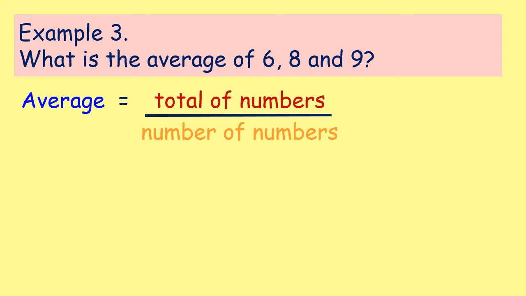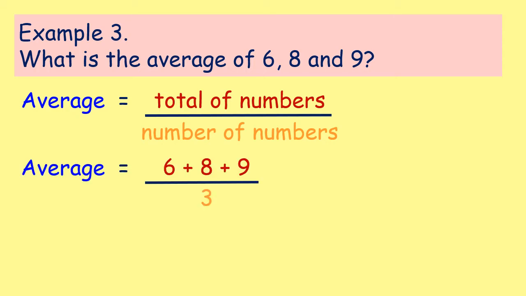Our average again is the total of our numbers divided by the number of numbers. So in this case, our total is going to be 6 plus 8 plus 9. And we have 3 numbers, so we're going to be dividing by 3. So 6 plus 8 plus 9 divided by 3. That is 23 divided by 3.